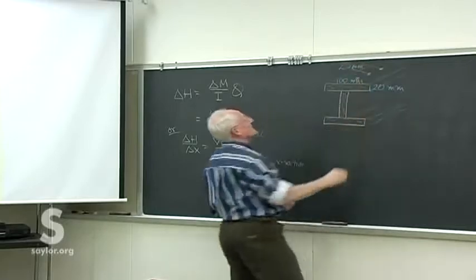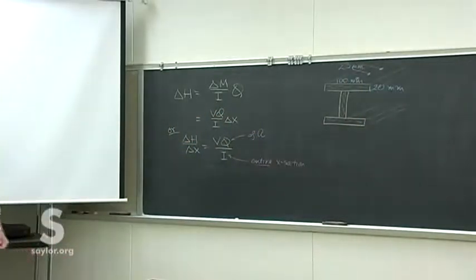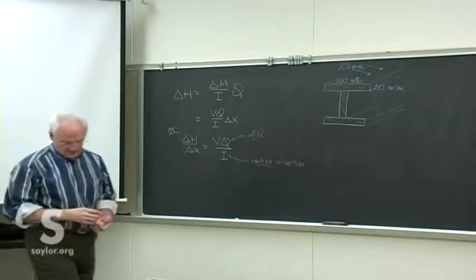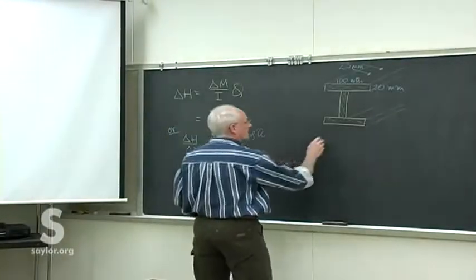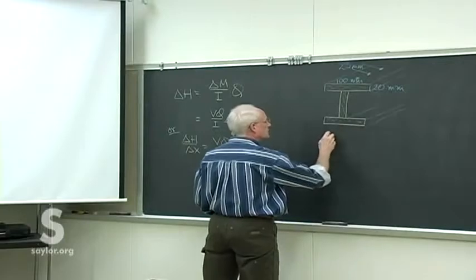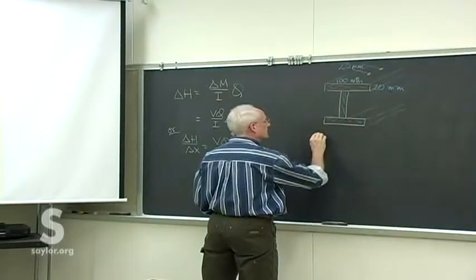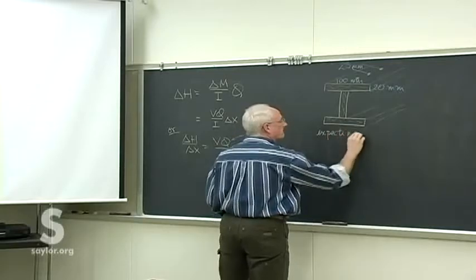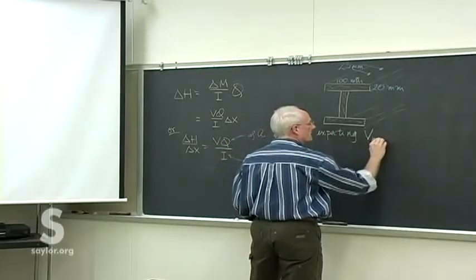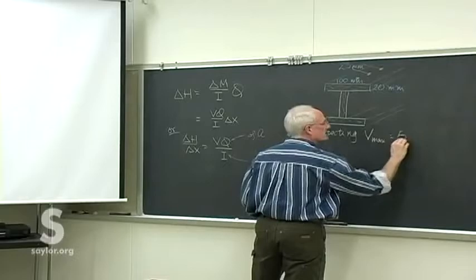So that's our delta x, the spacing between each nail. We want to find the shear force in each nail with a calculated shear, usually the maximum shear, of, let's say, 500 newtons.